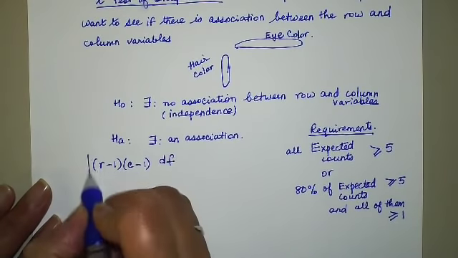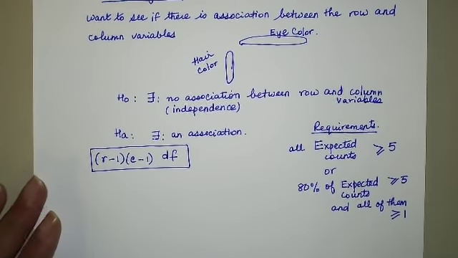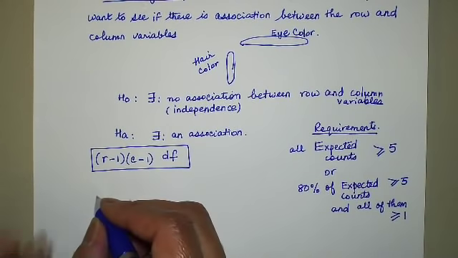This test is done at R minus 1 times C minus 1 degrees of freedom. I'll explain that in a second. Where you have a matrix of R rows and C columns.